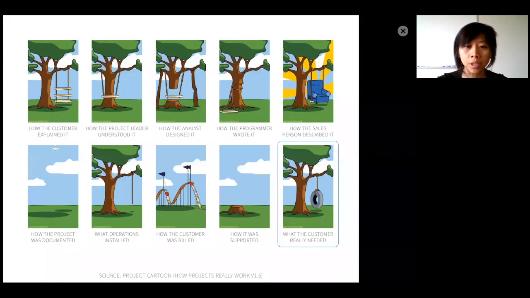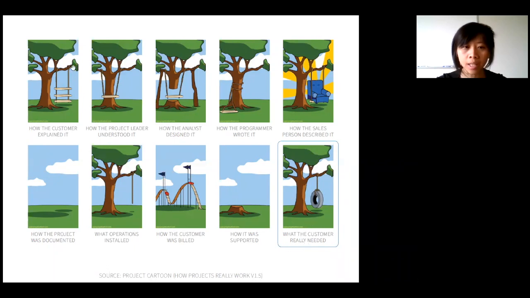Well, I would like to start with this comic here that some of you may already be familiar with. This is something that's very similar to how a lot of projects are currently run. In the bottom right corner is what the customer actually really needs.